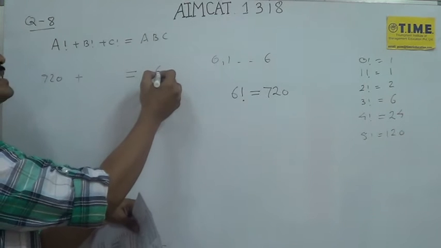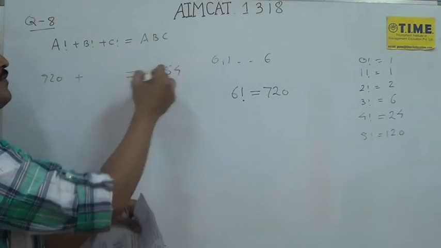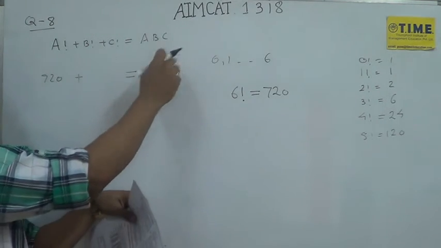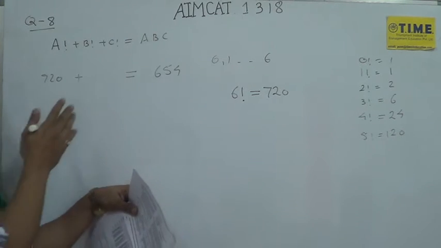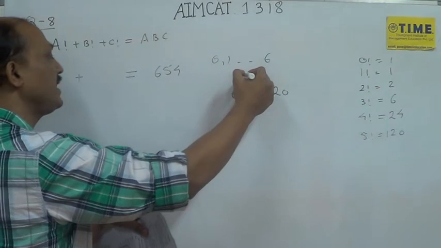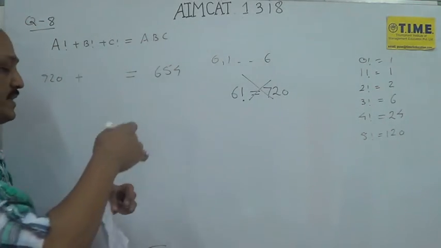The maximum number which I can form with 6 will be 654, which is way less than 6 factorial. I cannot use 7 because we have already eliminated it. So, I can eliminate the possibility of 6 or 6 factorial as a part of the left hand side and right hand side.